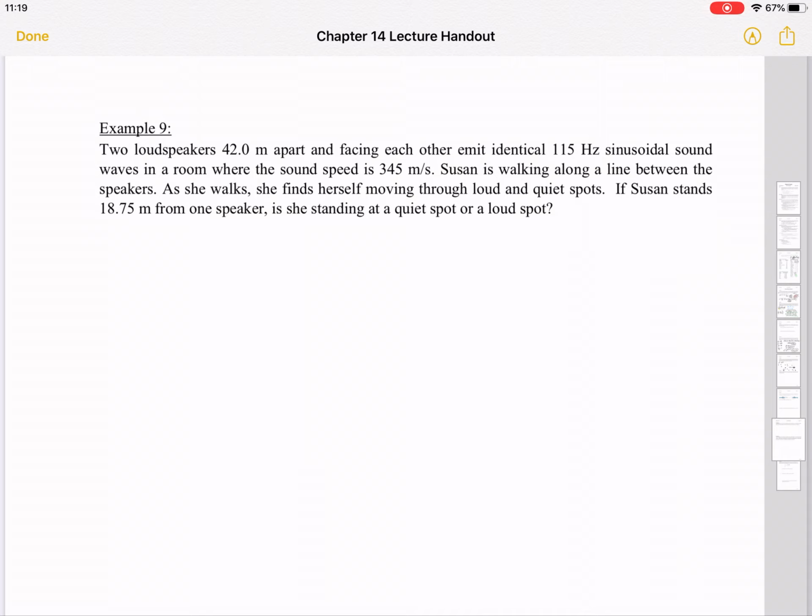Okay, so let's talk about that for a second. If speakers interfere constructively and destructively at different places in a room, how does a stereo work? Wouldn't there be quiet spots in the room and loud spots in the room? And the answer is, well, it depends on frequency. Because for constructive, remember, delta D, my path length difference, equals n lambda.